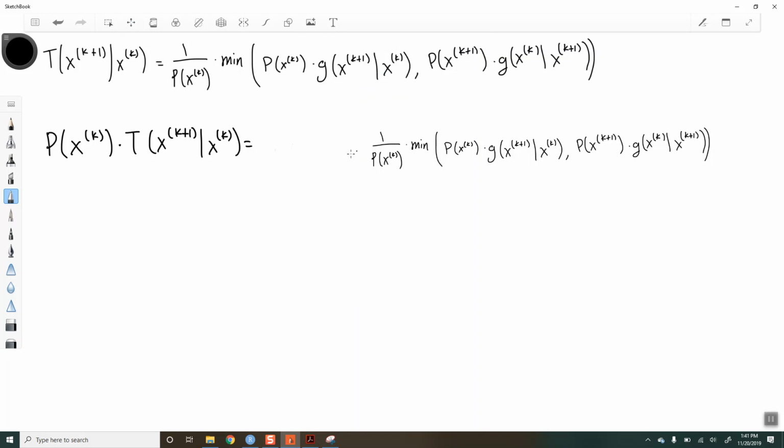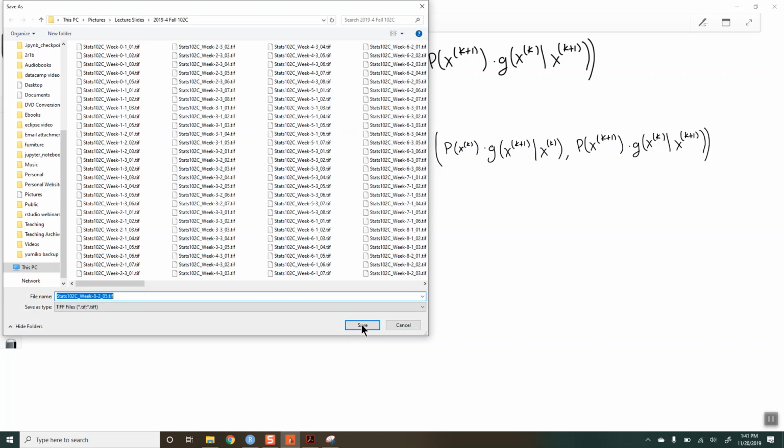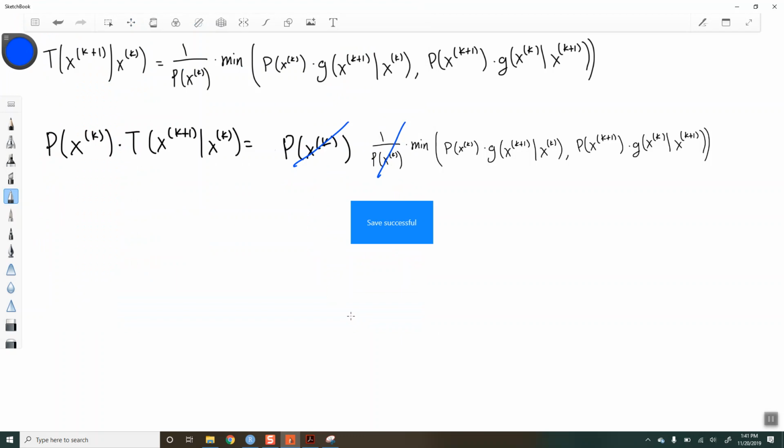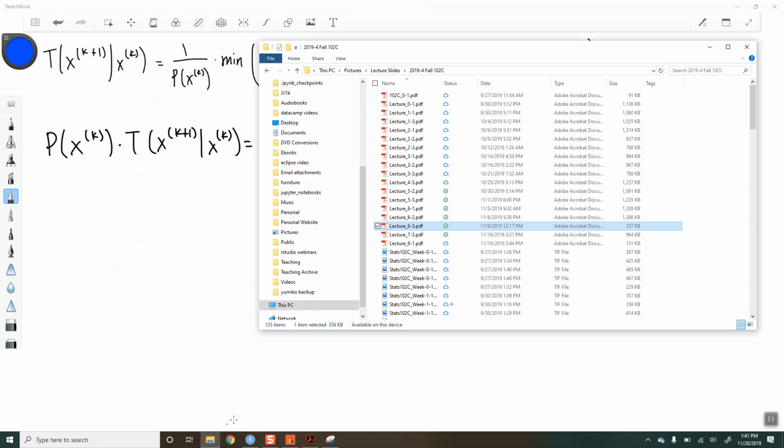And I'm going to do the probability of xk. So I have this, and so these two cancel out. Now I just have the resulting thing, which is just the minimum of this. Is that good? Okay.